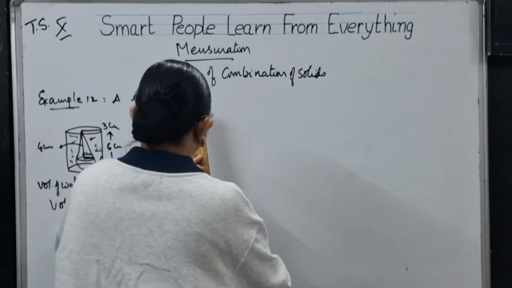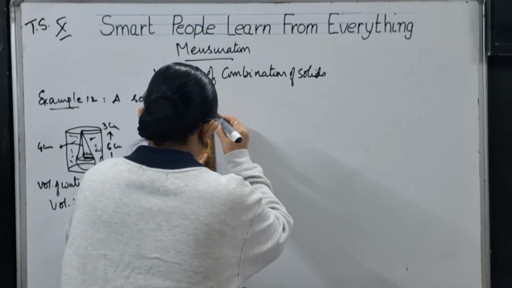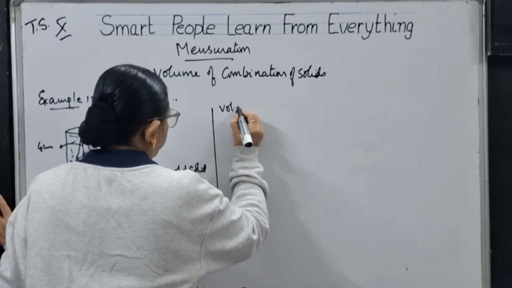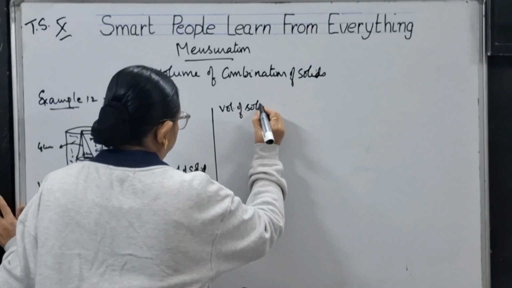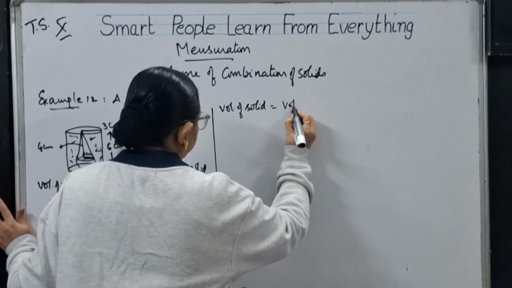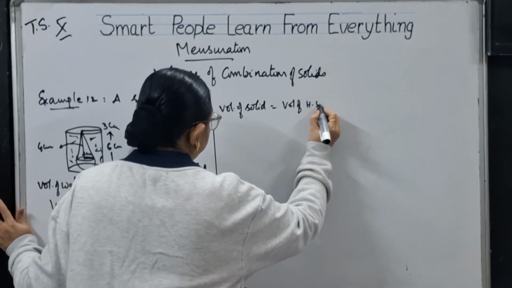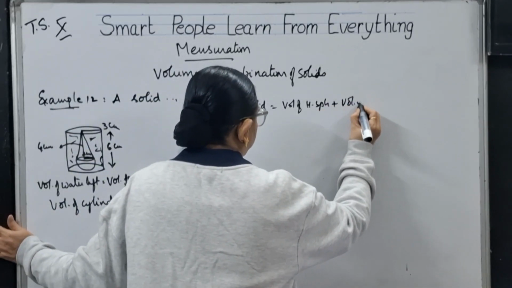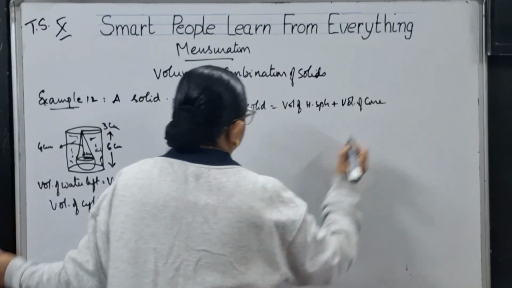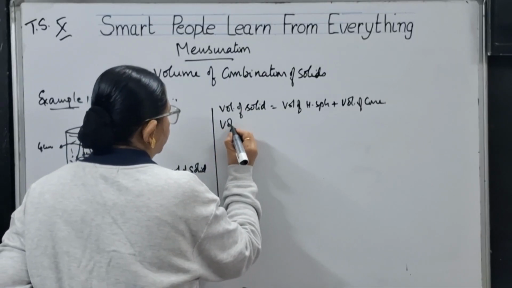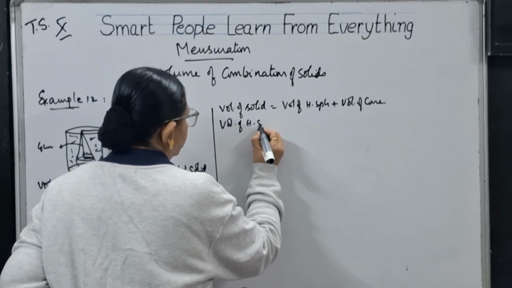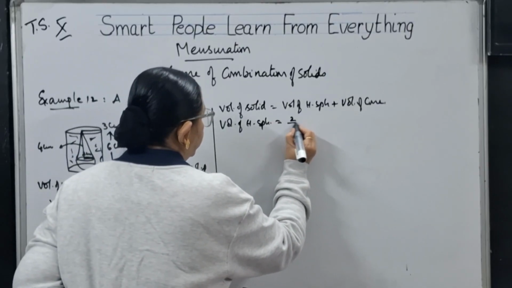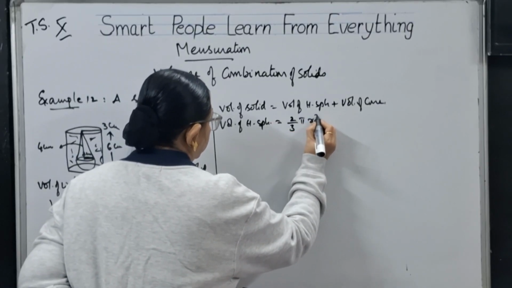Now separately we will see the volume of the solid. What is volume of solid? Volume of solid is volume of hemisphere plus volume of cone. So let me see what is volume of hemisphere. Volume of hemisphere is 2 by 3 pi r cube.